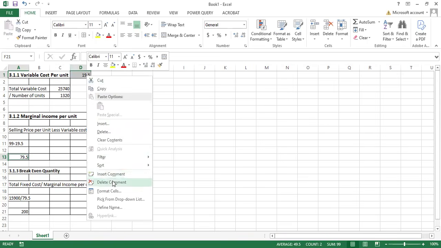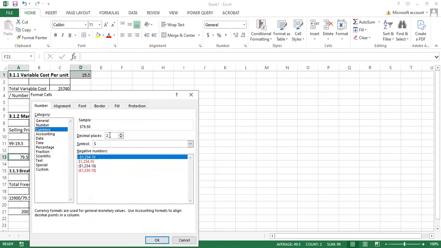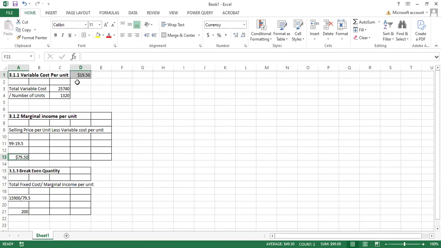Then we right click, we set format cell. Then we are looking for currency. They said they want two decimals. Now, they did not mention which currency they are talking about. Okay. Now, after that, we are done with this.